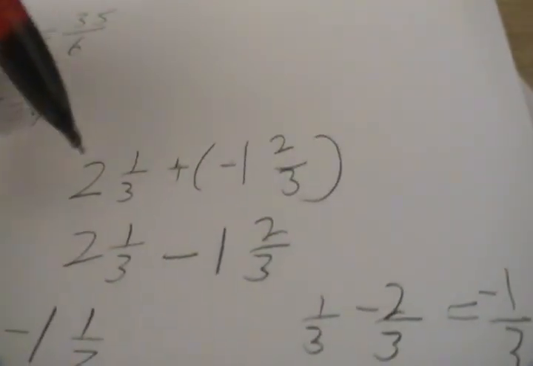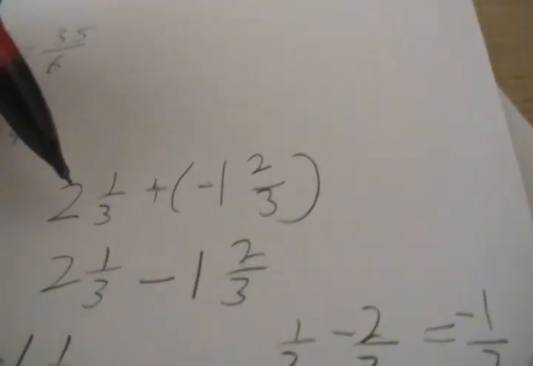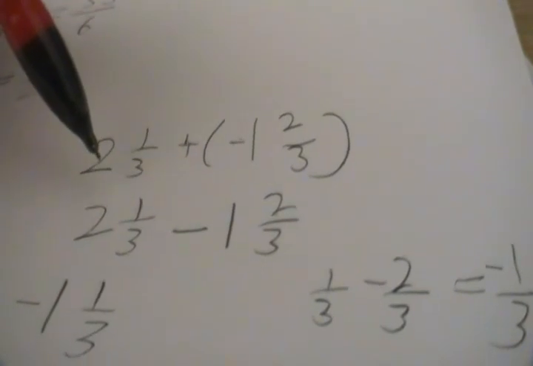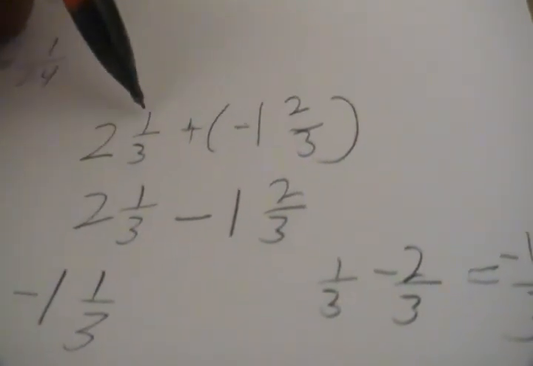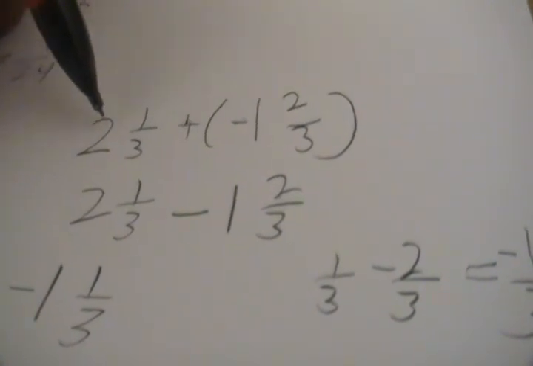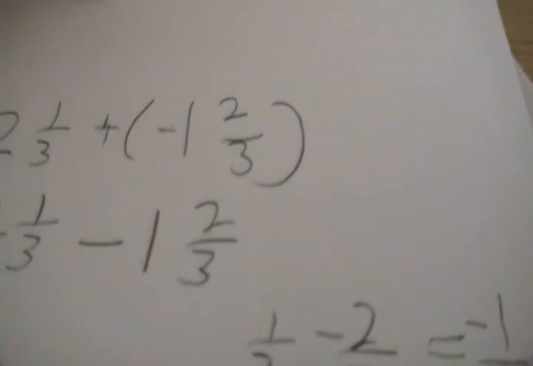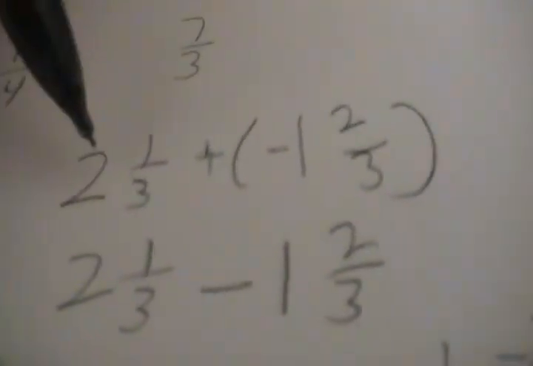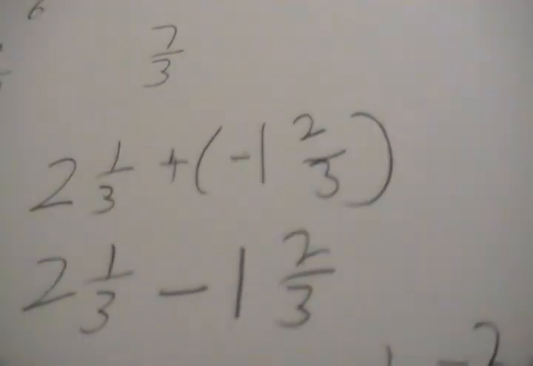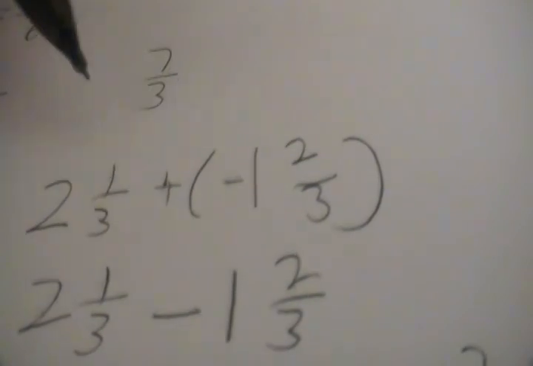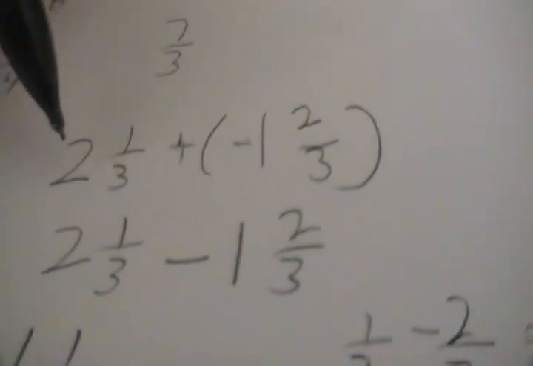Okay. Let's try another process. For example, this 2 and 1/3, we can rewrite that as 7 over 3. To do that, we rewrite mixed numbers into improper fractions.